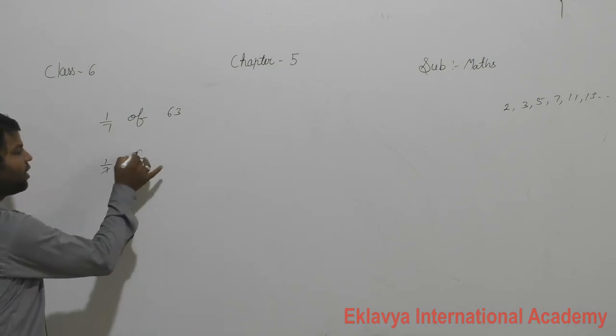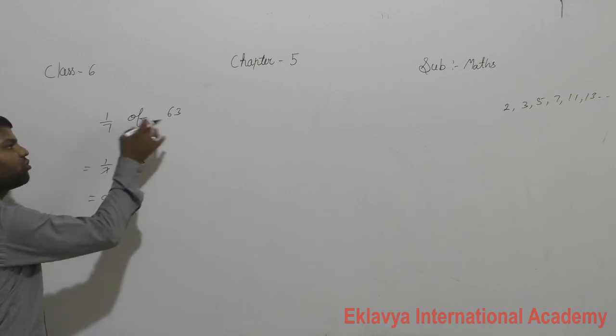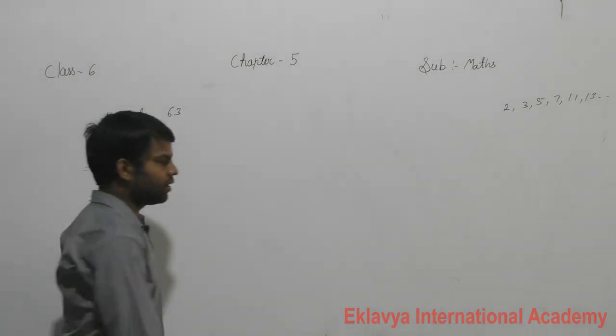So 7 nines are 63, then we get 9 ones are 9. So 1 upon 7 of 63 is 9.